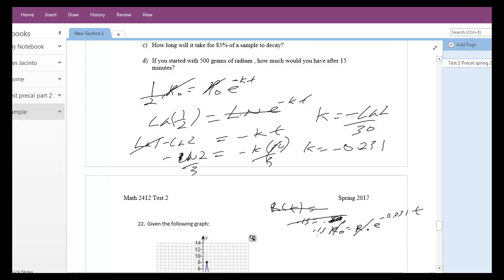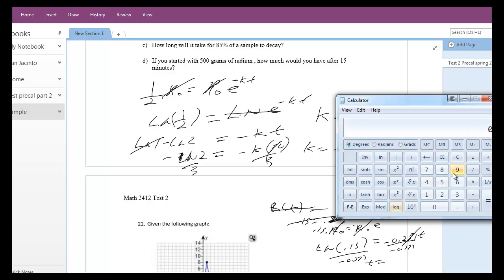You have 0.15 left because you want 85% to disappear. Take the natural log of both sides. I'm left with minus 0.231 t divided by minus 0.231, bam bam. T turns out to be, I can't remember, but it should be kind of small or kind of big. Let's see.